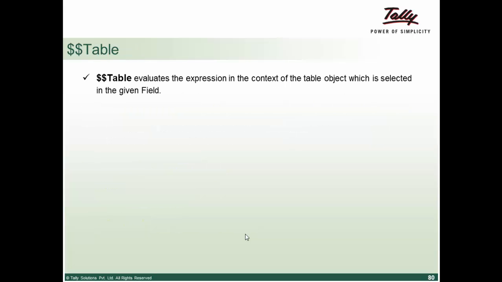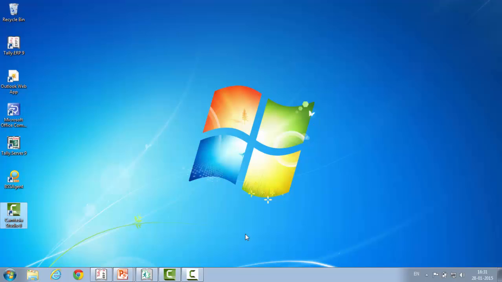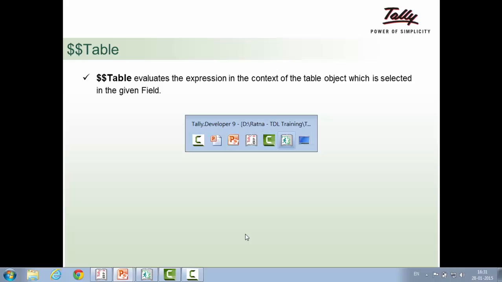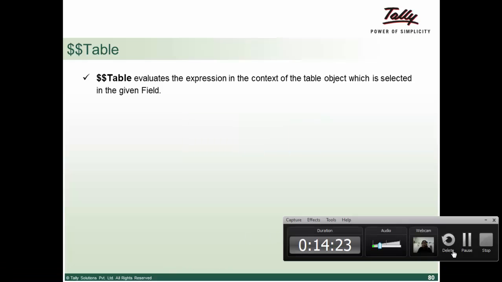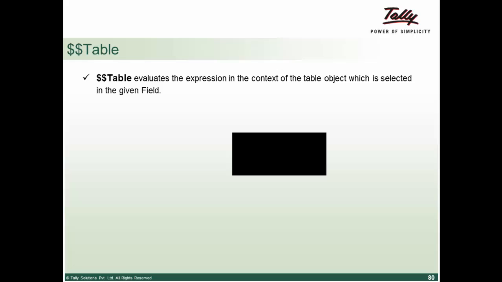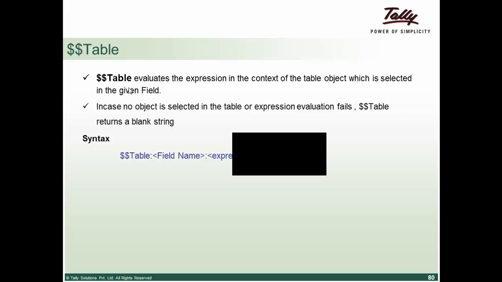Table function, we have made use of a table very frequently in our fields, haven't we? Right? So this particular function evaluates the expression in the context of the table object which is selected in the field. So in the case where no object is available, the table expression evaluation fails and it returns a blank string. So we have already seen these functions, right? $table.